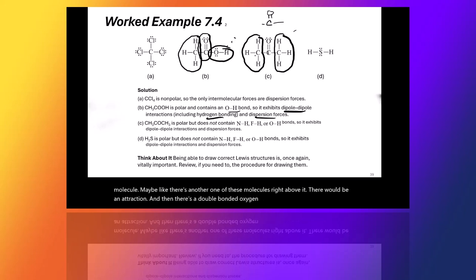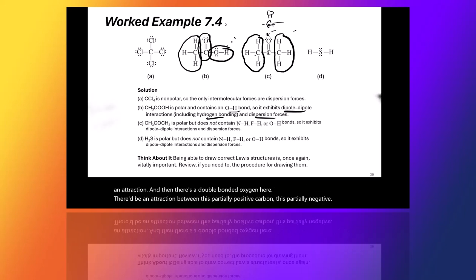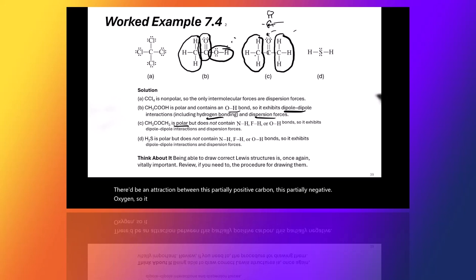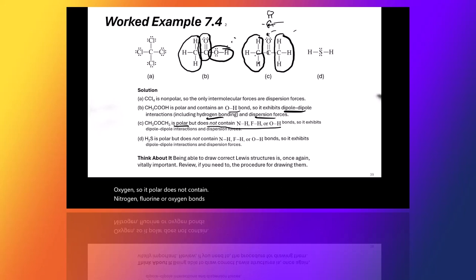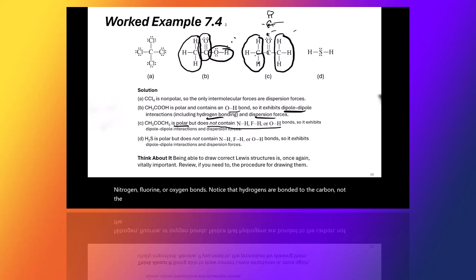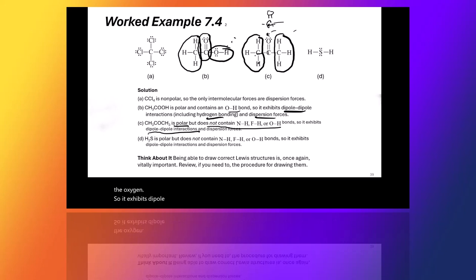There would be an attraction between this partially positive carbon and this partially negative oxygen. So it is polar, does not contain nitrogen, fluorine, or oxygen bonds. Notice the hydrogens are bonded to the carbon, not the oxygen. So it exhibits dipole-dipole interaction right here between this one and another molecule. And it also has dispersion forces.